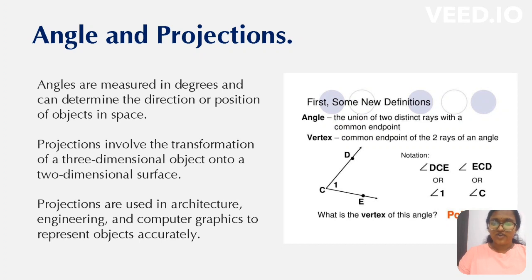Projection involves the transformation of a three-dimensional object onto a two-dimensional surface. Projections are used in architecture, engineering, and computer graphics to represent objects accurately. Angle and projections are fundamental concepts in geometry and have great application in various fields.